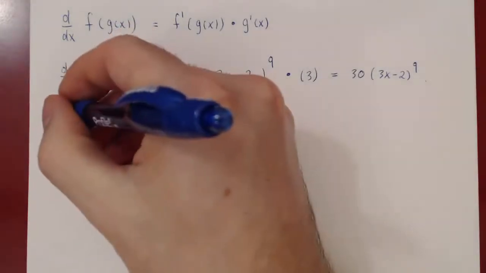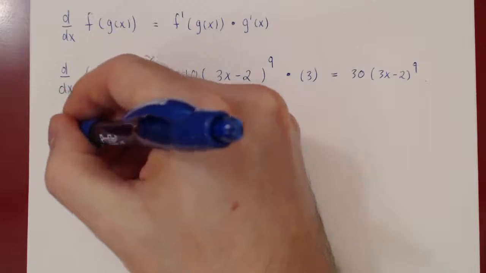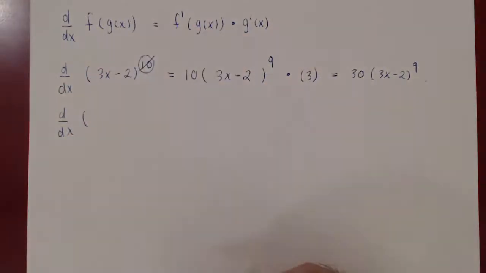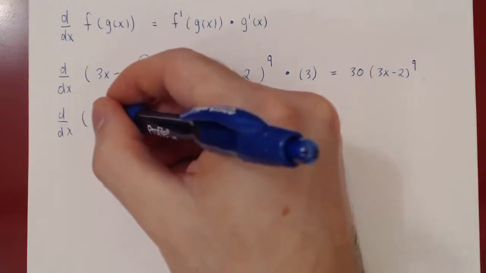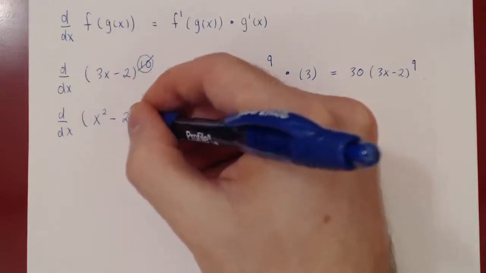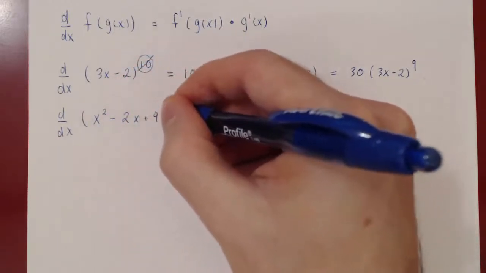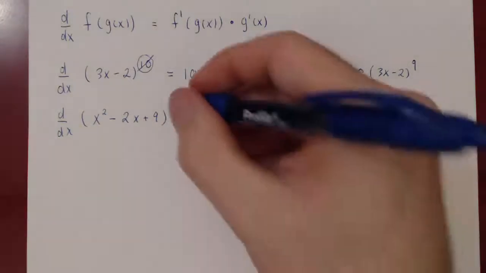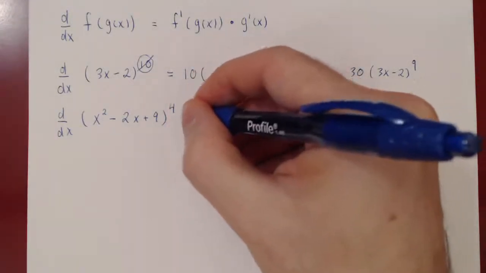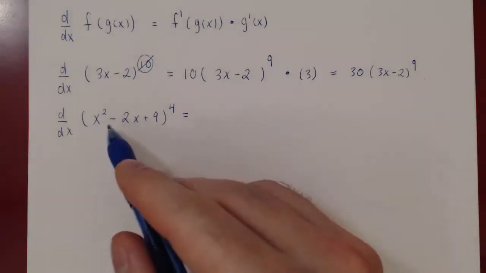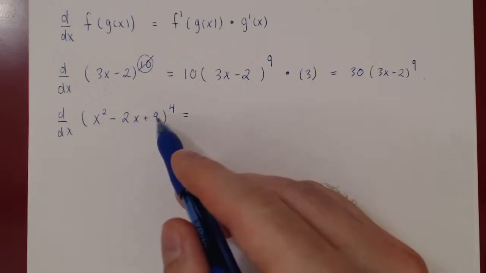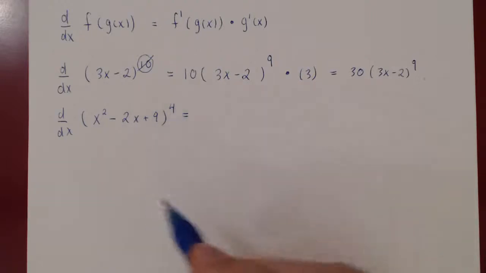What about this example? The derivative with respect to x of, let's now take a quadratic. So x squared minus 2x plus 9. Let's take the 4th power. Once again, the power is the outer function. If I gave you a value of x, you would first square it, subtract 2x, add 9, and then you would take the 4th power.